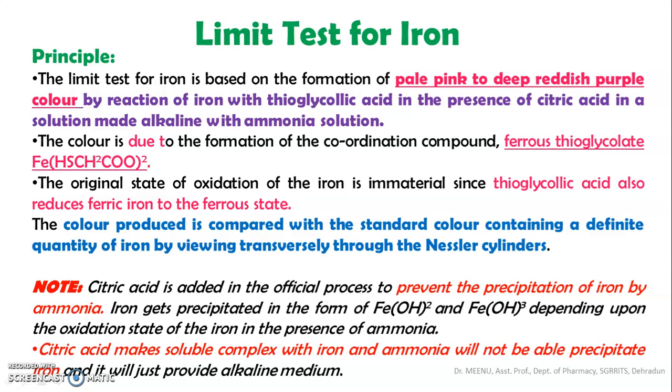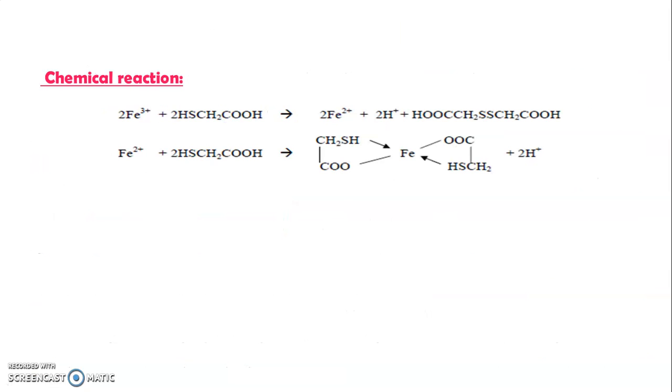Here we have to observe the color by viewing transversely through the Nessler cylinder against a white background. We have to note that citric acid is added to prevent the precipitation of iron by ammonia. Citric acid makes a soluble complex with iron, and ammonia is not able to precipitate the iron. For this we have to provide the alkaline medium.